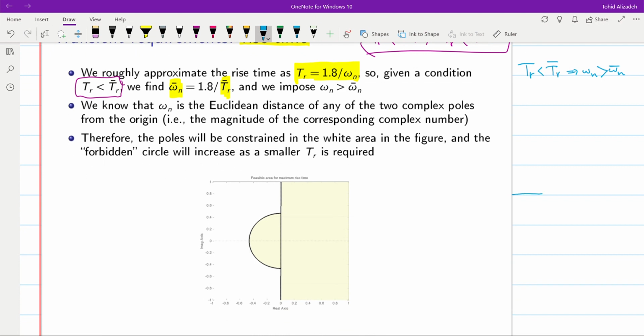And if you remember, omega n was indeed the distance of the complex poles from the origin. So this was omega n.